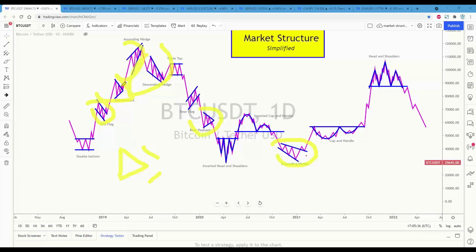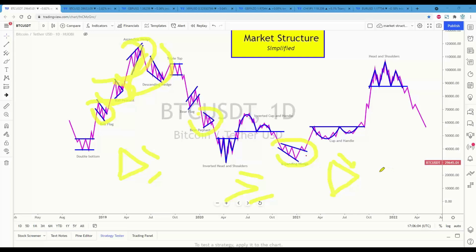Now, the biggest difference between a bull pennant and an ascending wedge and a symmetrical triangle is the degree of the angle that they're converging on each other. For instance, in a symmetrical triangle, both lines are converging on each other at the same degree.